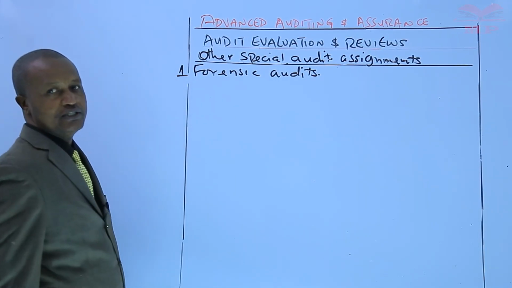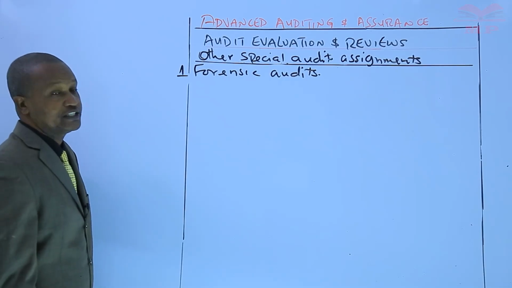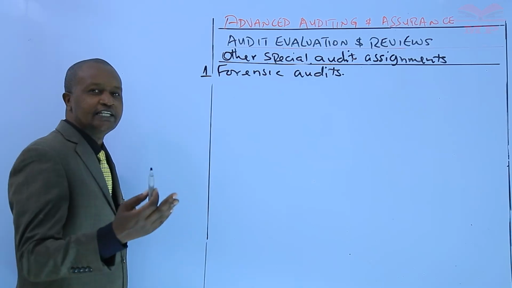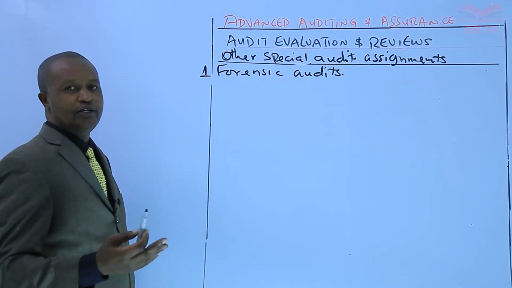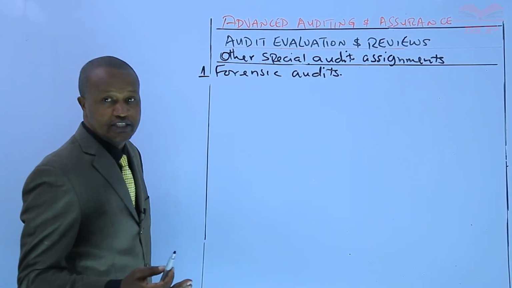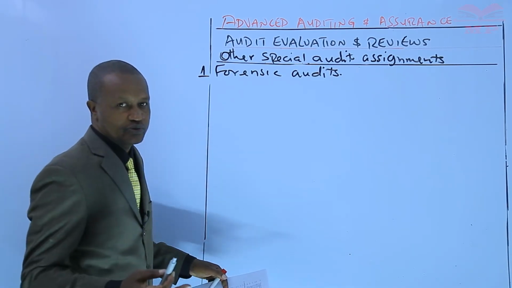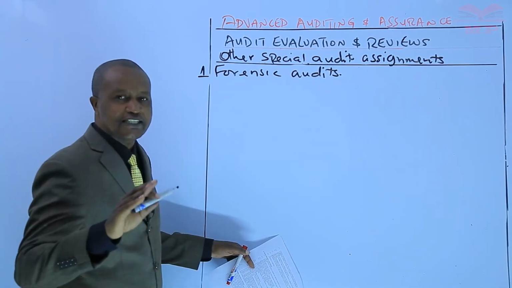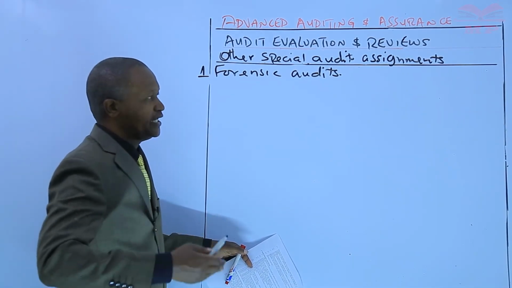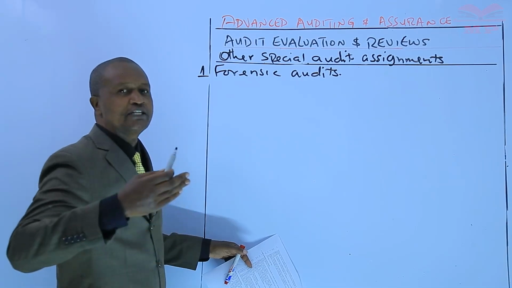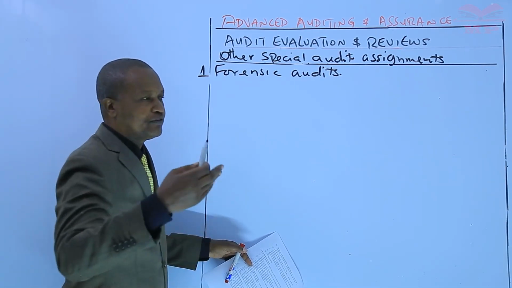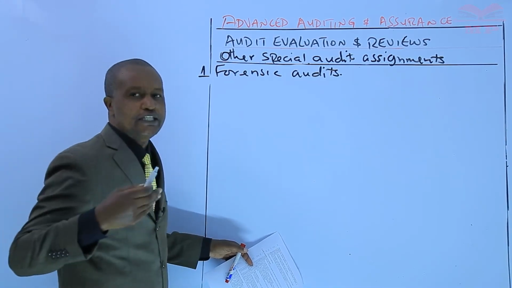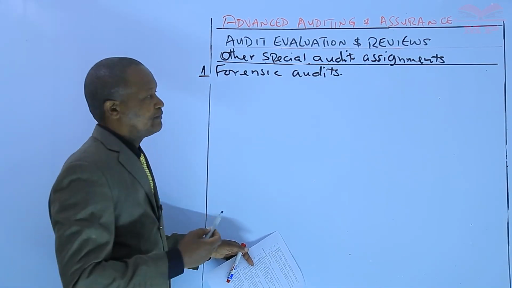Now, forensic audits focus on investigating and uncovering potential fraud, misconduct, or irregularities within an organization. And forensic auditors use specialized techniques to collect and analyze evidence, interview relevant parties, and provide expert opinions in legal proceedings if necessary.